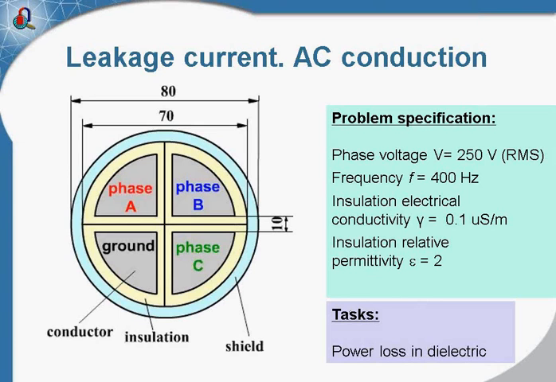There are Joule heat losses in the conductors because of the current flowing in these conductors, but even if there is no current, there is the leakage current. If there is no current in conductors, there is the leakage current between conductors, because each phase has its own electric potential.